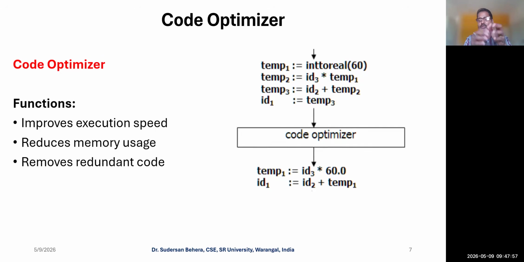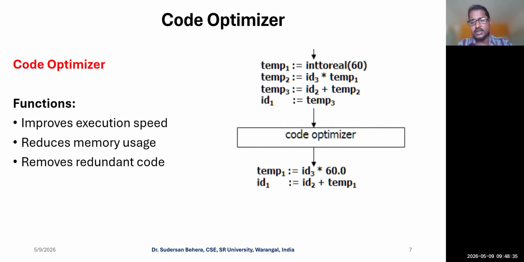It will minimize the code, that is, optimize the code. Instead of maintaining duplicacy and writing more complex code, it will try to shorten the code so that it occupies less memory, redundancy is eliminated, and the code runs faster compared to the previous version. That is the objective of your code optimizer.